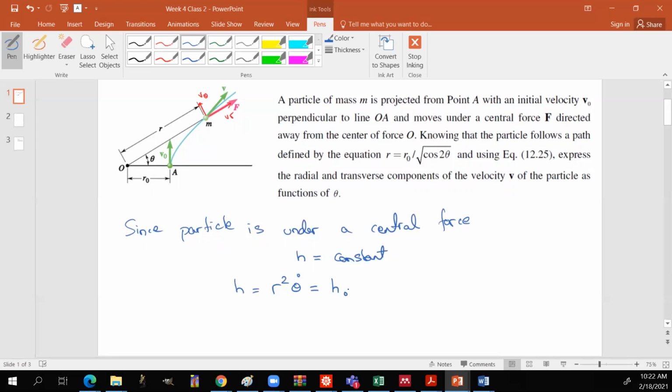And the good thing about the initial angular momentum is we know what v theta is, because you can write this as being equal to r naught times theta naught dot. What is r naught times theta dot naught equal to? Is it 0? Nope.